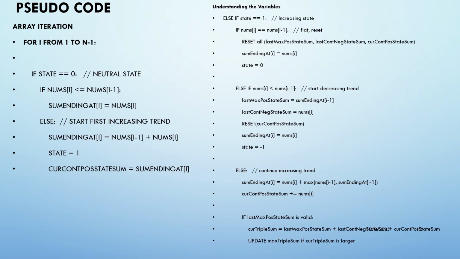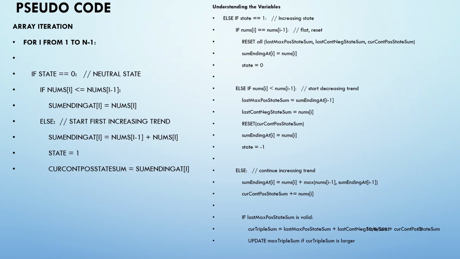And the last continuous negative state sum will start from nums of I, because now I am starting my negative trend, and the current negative state sum stores the whole sum of the negative trend.